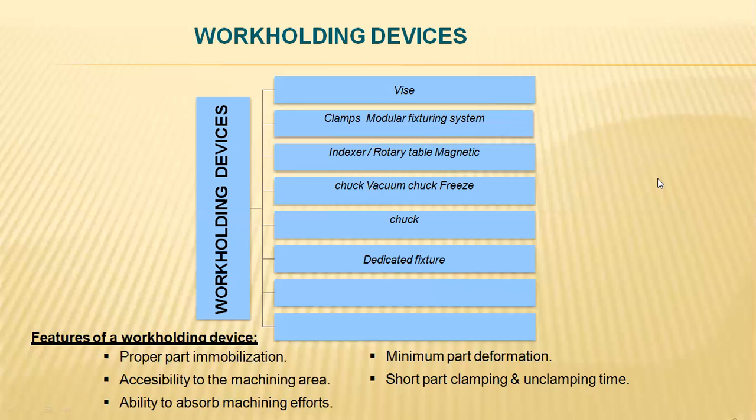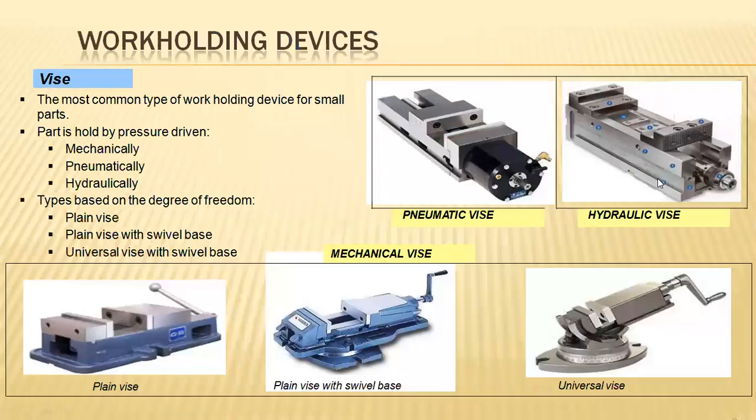So these holding devices help us to minimize the vibrations and hence decrease the deformations to a maximum level, and hence we obtain minimum part deformations. Next thing, short part clamping and unclamping times.